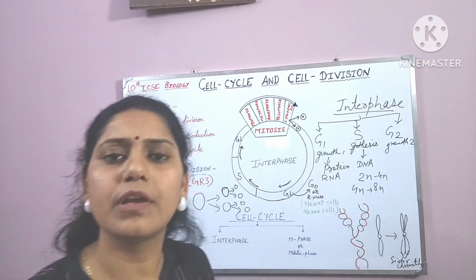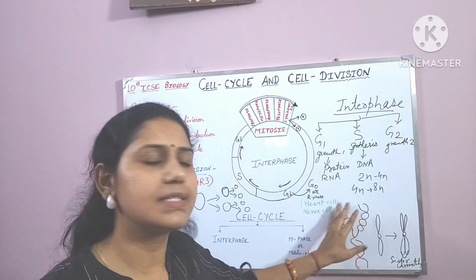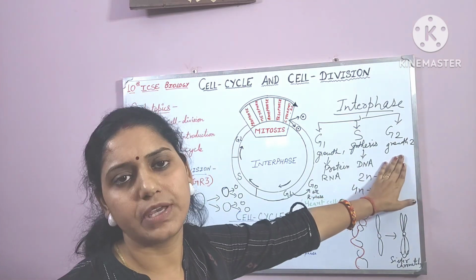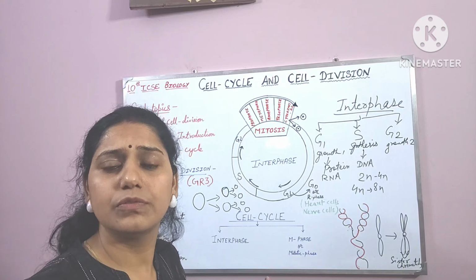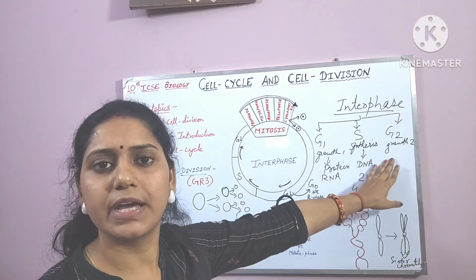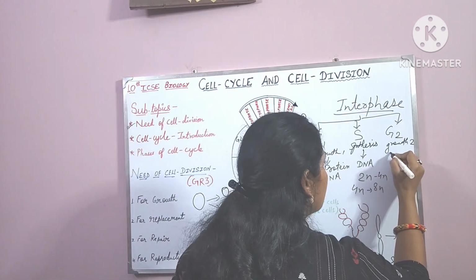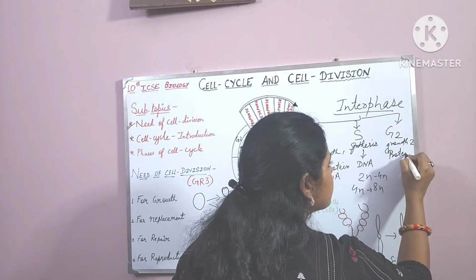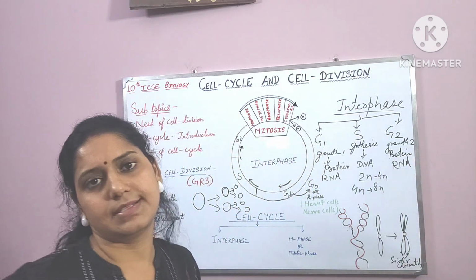Whatever will be required, the protein, the RNA, will be synthesized in G2 phase, so that the cell will be finally ready for division. So again in G2 phase, more protein and more RNA will be synthesized.